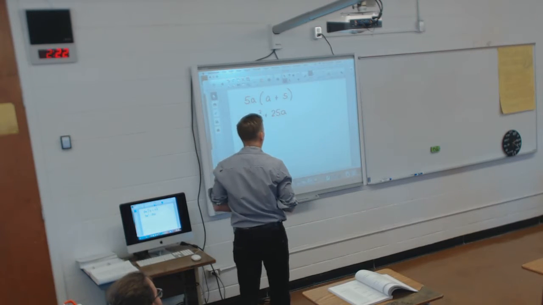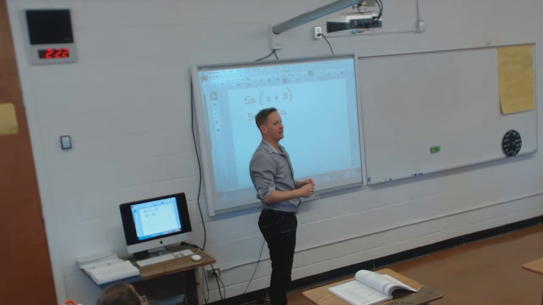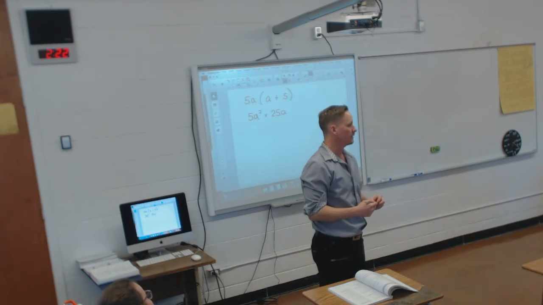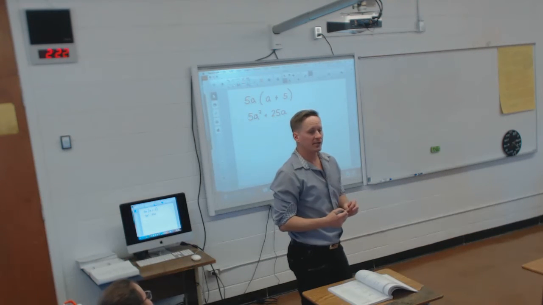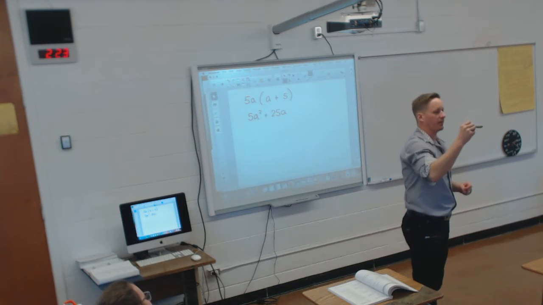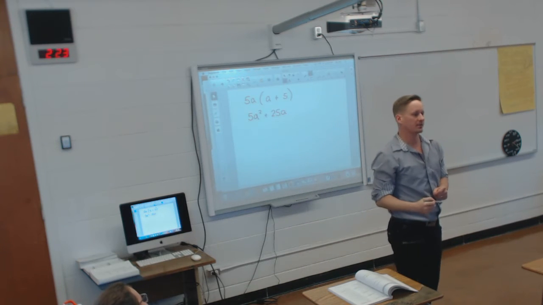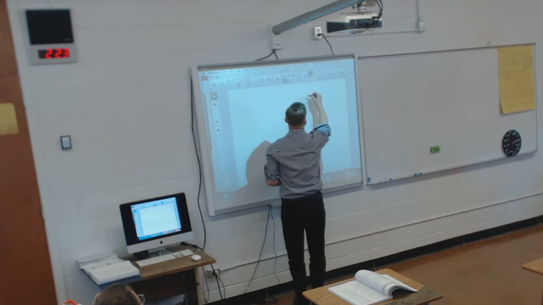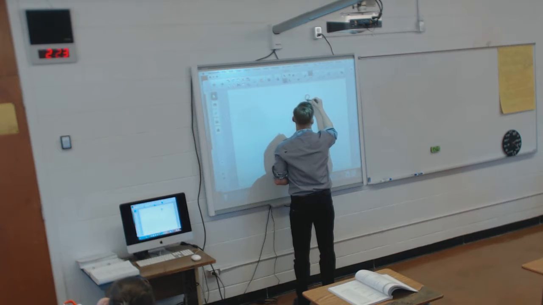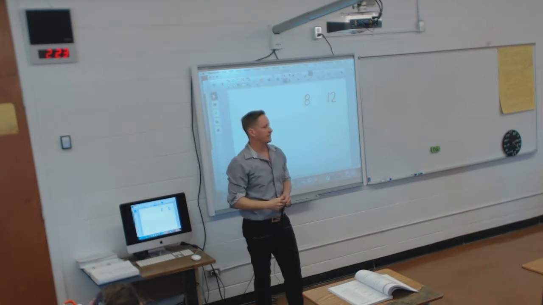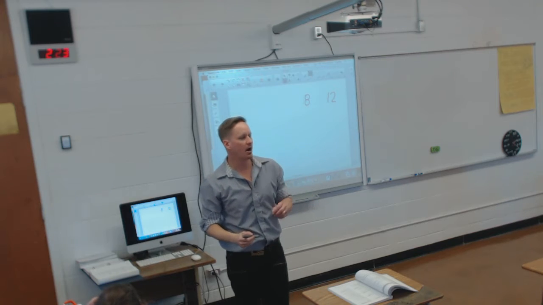The very first thing I will tell you to do when it comes to factoring is you look for what we call a greatest common factor. Okay? So the greatest common factor is a value that goes into both of them, and the largest one possible. So what do I mean by that? If I have 8 and 12, let's say, I want the greatest common factor.